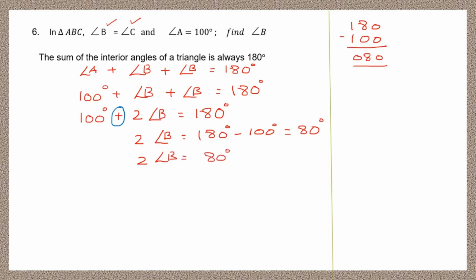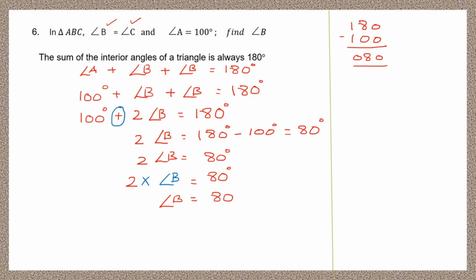How do I find just one angle? So two angles means 2 into angle B, isn't it? Is equal to 80 degrees. So to find angle B alone, I'm going to leave it here. I'm going to write 80 on the other side.